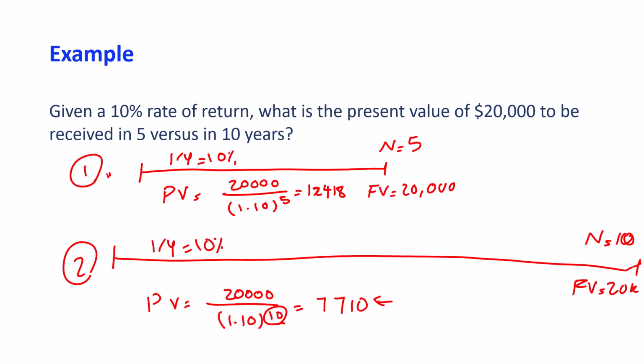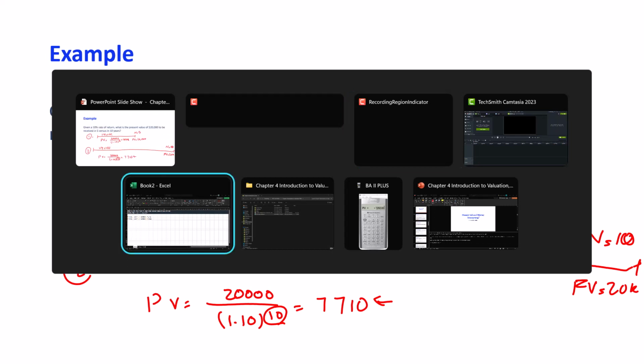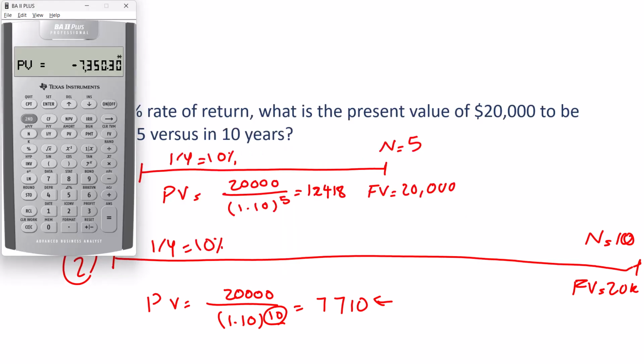We can do this in the financial calculator as well. First things first, clear the time value of money function. We have $20,000 in future value, 10% is the discount rate, and we do it first for 5 years.